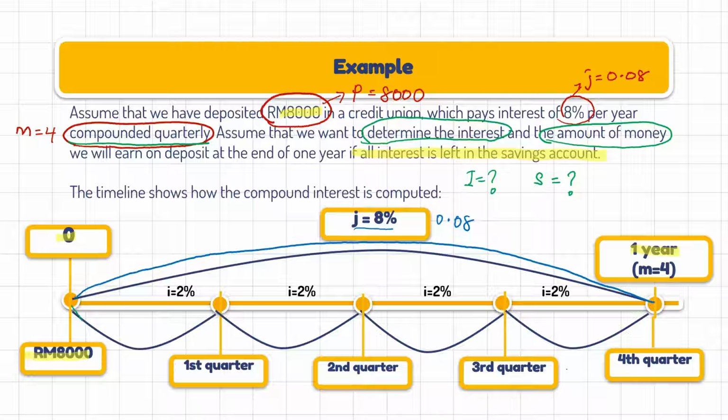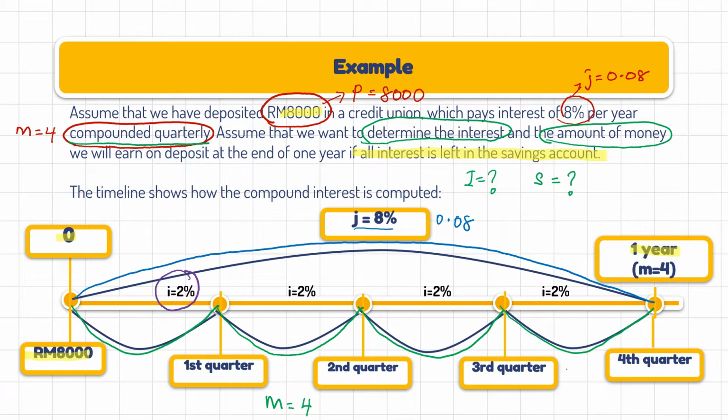From 0 to first quarter, to second quarter, to third quarter, to fourth quarter, which portrays that our M is equal to 4, which means that in 1 year, the interest will be reinvested 4 times, and it will give you some amount of money. From J and M, we will get our I.